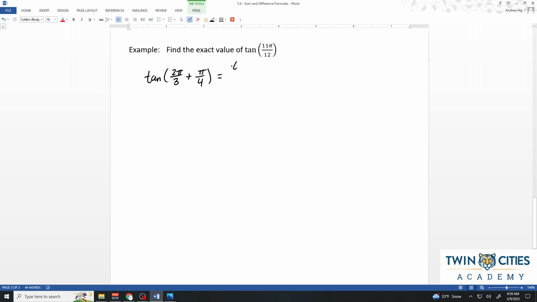So I've got tangent of 2 pi over 3 plus tangent of pi over 4 all over 1 minus tangent of 2 pi over 3 times the tangent of pi over 4.